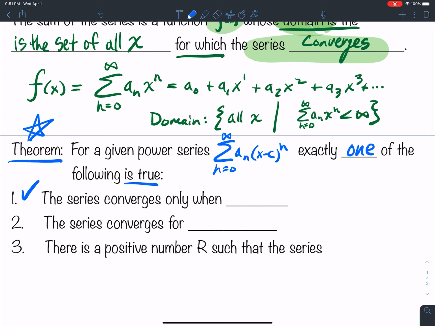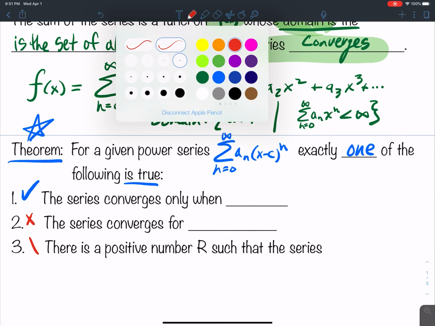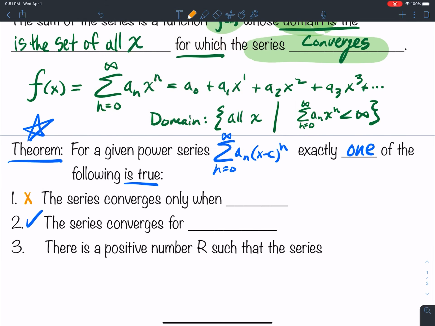If 1 is true, then number 2 and number 3 can't be true. If 2 is true, then number 1 and number 3 cannot be true. And if 3 is true, then number 1 and number 2 cannot be true. So if 1 is true, then the other 2 are false. Exactly one of the following can be true.